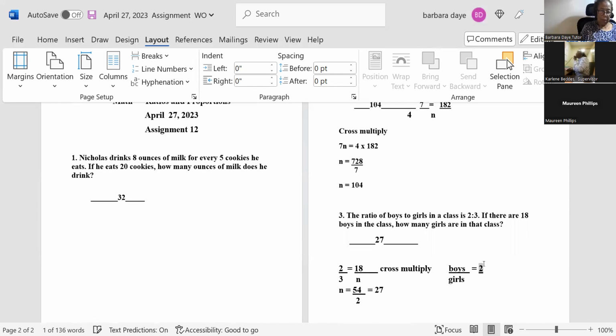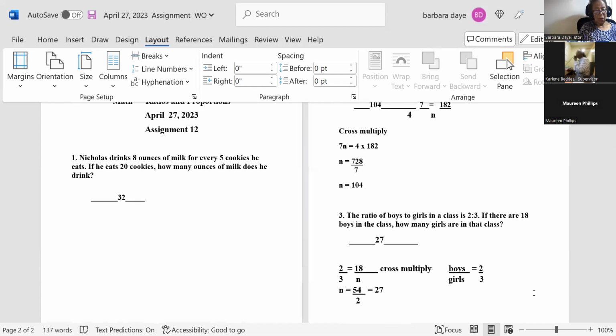All right. So I don't think she did that, because she had it set up incorrectly. In other words, if you put boys over girls and you put 3/2, you get a different answer. I think that's what she did.